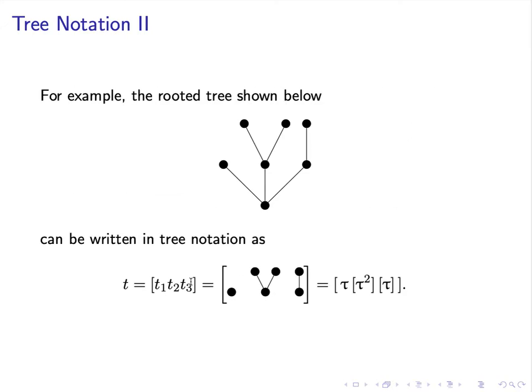So here we've got an example. Here we have our tree with 7 nodes, 6 edges, and we have the root node here. If we look at the root node, it has 3 children, so we have 3 other rooted trees stemming from the root node. Our first rooted tree is simply a single node, because that doesn't have any children. Our second rooted tree is this tree here.